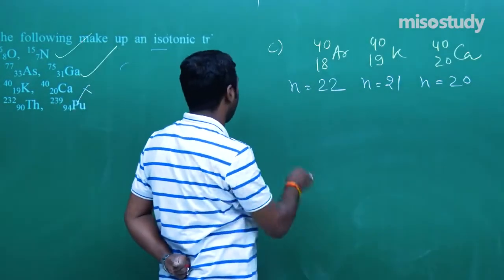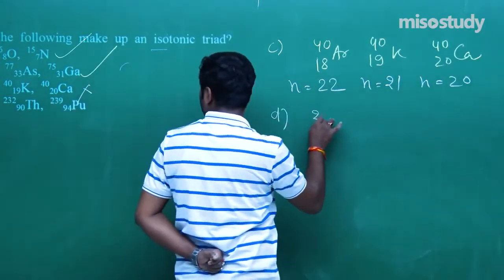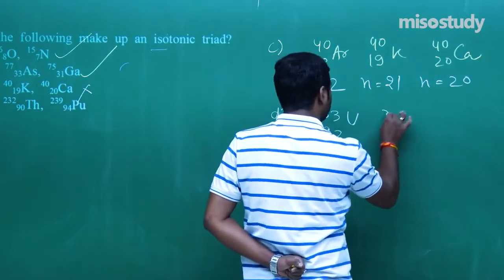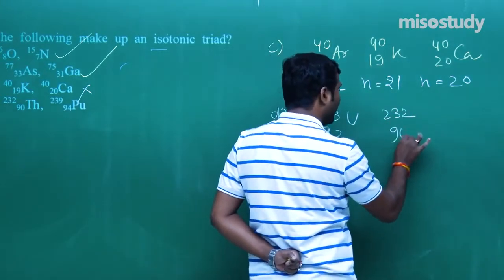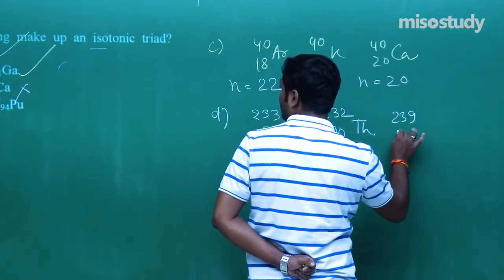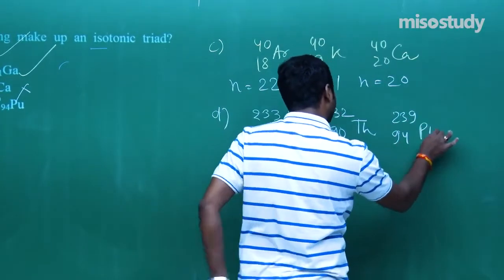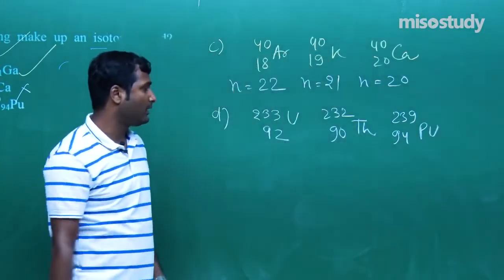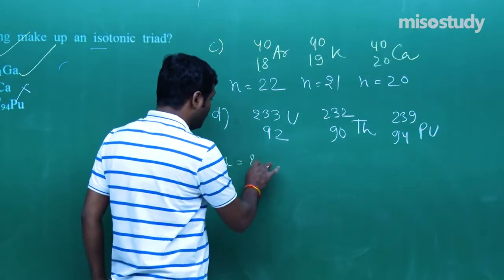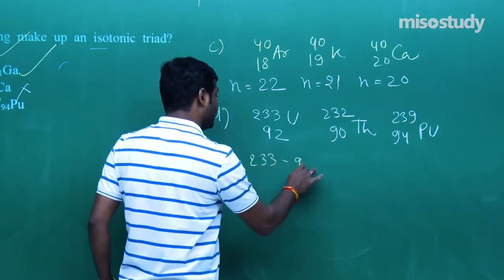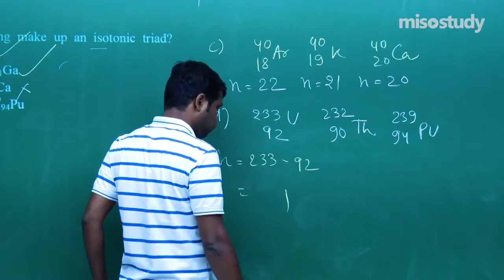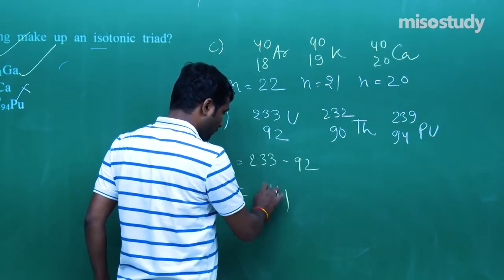Now check option D: uranium 233 with atomic number 92, thorium 232 with atomic number 90, and plutonium 239 with atomic number 94. The neutrons: 233 minus 92 is 141.